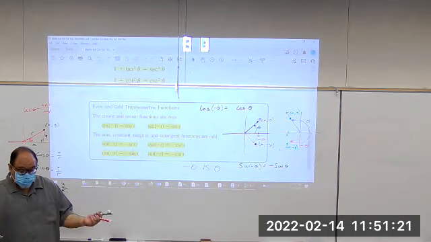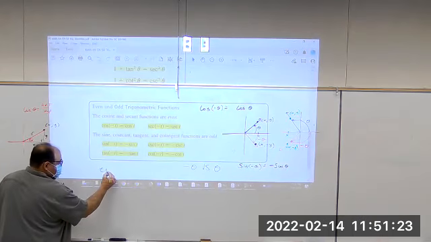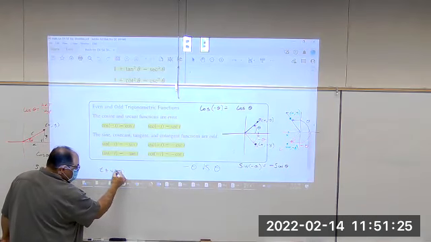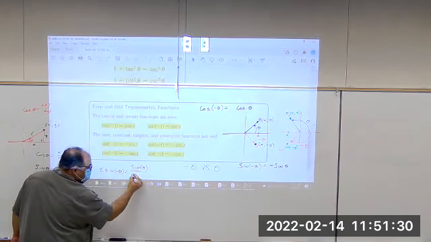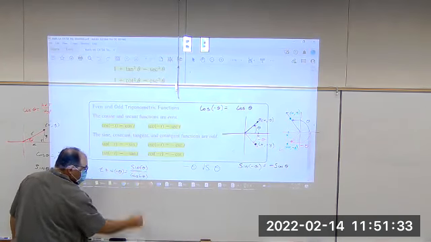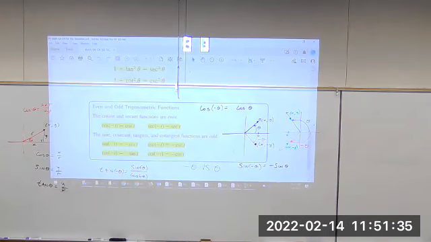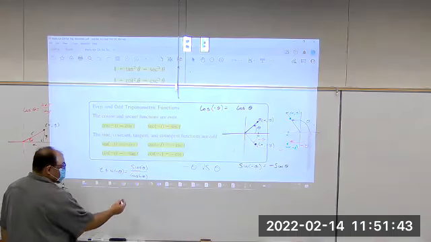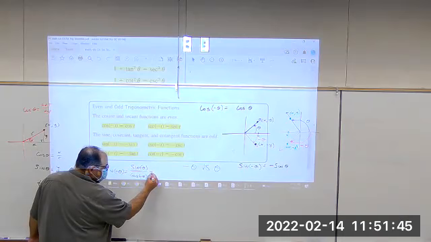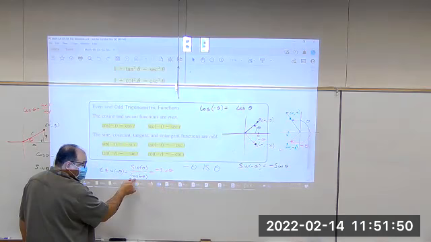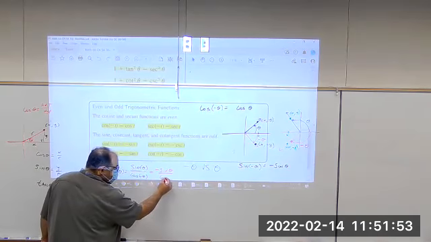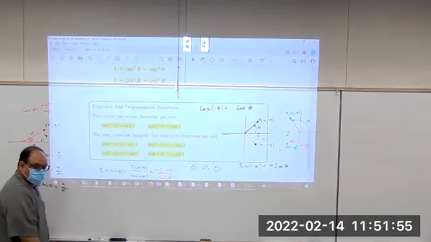And therefore, tangent: the tangent of negative theta would be the sine of negative theta over the cosine of negative theta, because that's the definition for tangent. And we just showed you that the sine of negative theta is negative sine theta, and the cosine of negative theta is the same as positive cosine theta.